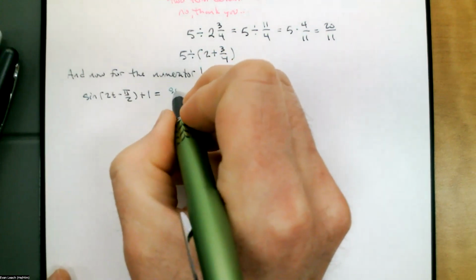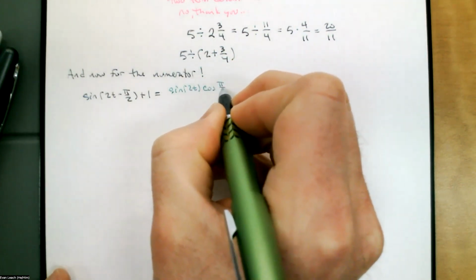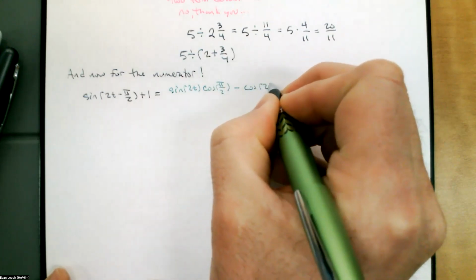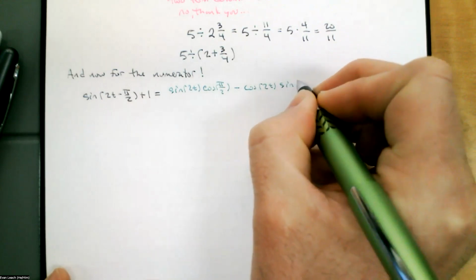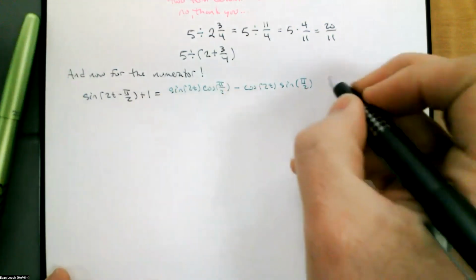There's going to be sine of 2t times the cosine of pi over 2, minus the cosine of 2t times the sine of pi over 2, plus 1.